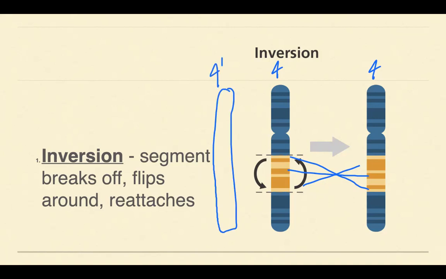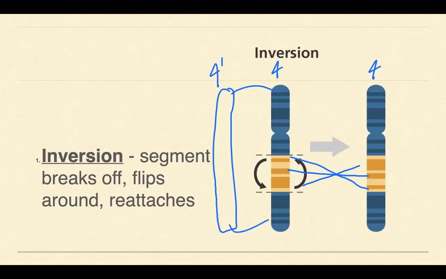So during crossing over, homologous chromosomes synapse, right? And they can exchange information, but they carry the same genetic information, meaning whether it's eye color or whether you're right-handed or left-handed, whatever the genes are, they contain the same genes, but not necessarily in the same form, if that makes sense.